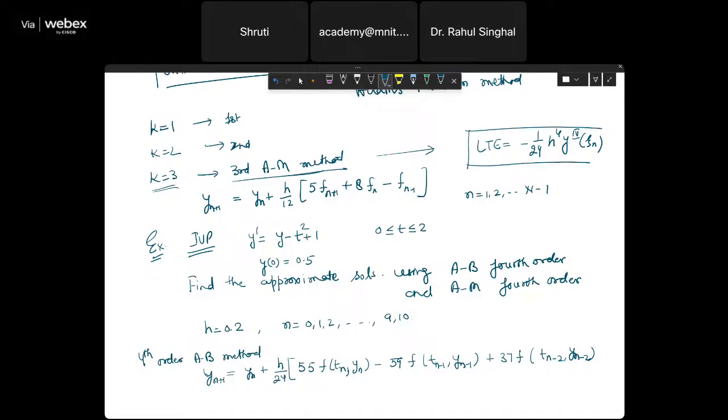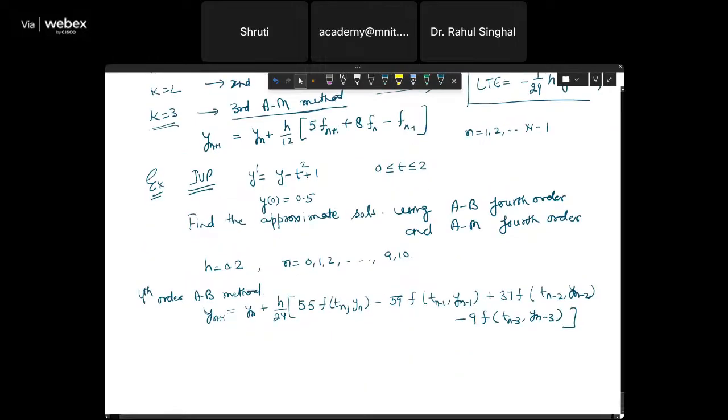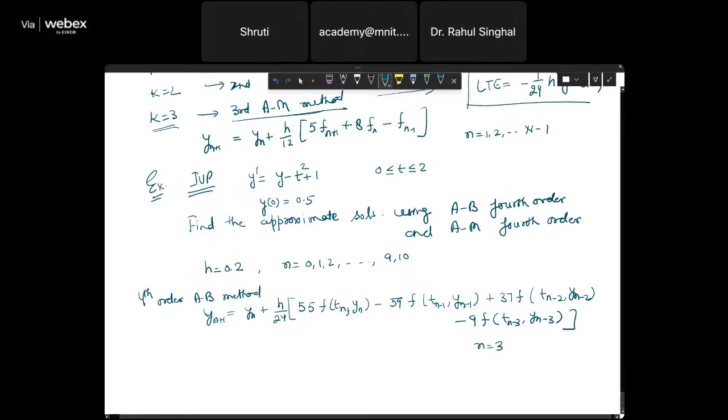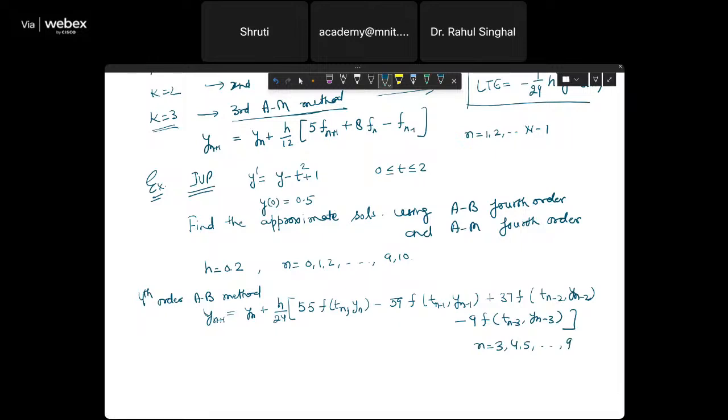I am writing this as per the fourth order Adams-Bashforth formula. Nothing is special in it, very simple, just the substitutions. And this we can write for n equal to 3, 4, 5 up to n.